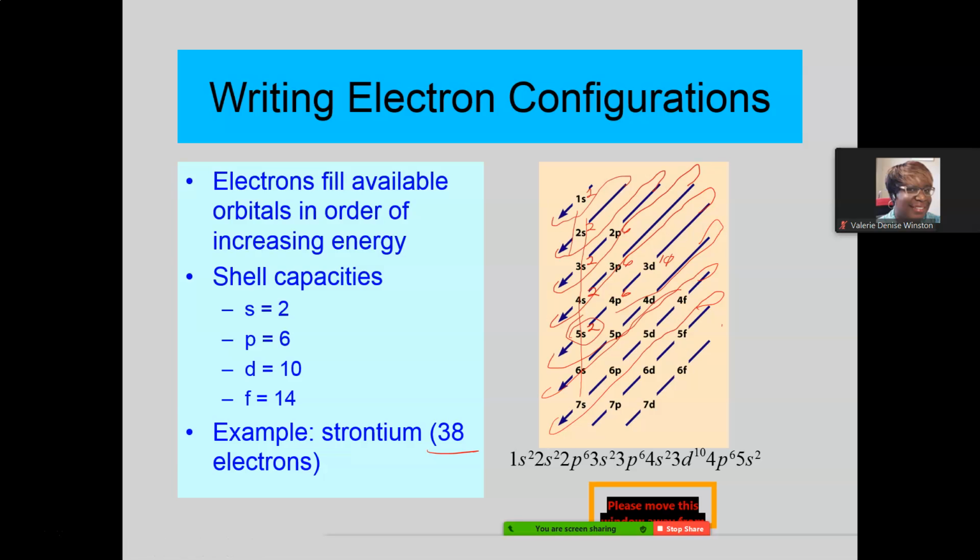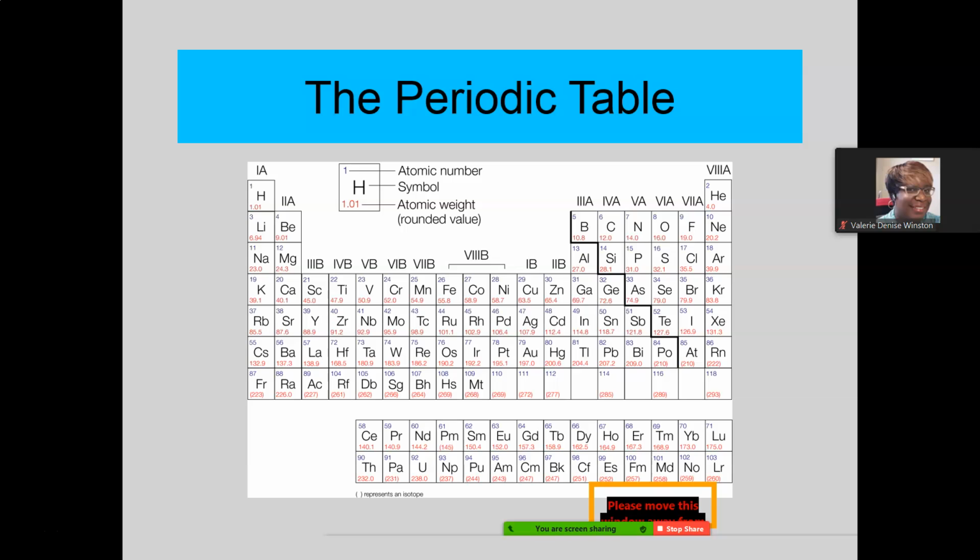5F. Okay, well, let's see, let's get back there. 7S1, 7S2, then this is called the actinide series, and this is the first of those. 1, 2, 3, 4, 5, 6, 7, 8, 9, 10, 11, 12, 13, 14, 15.